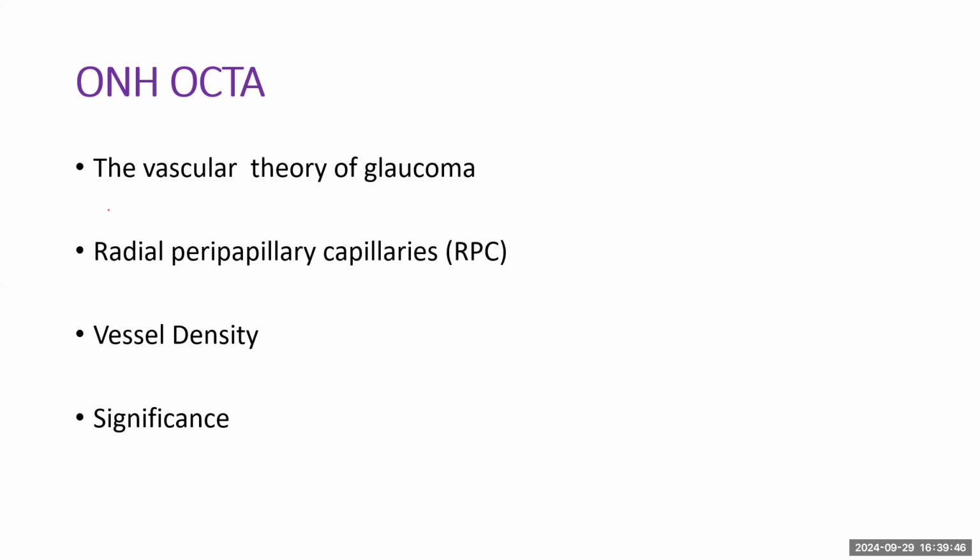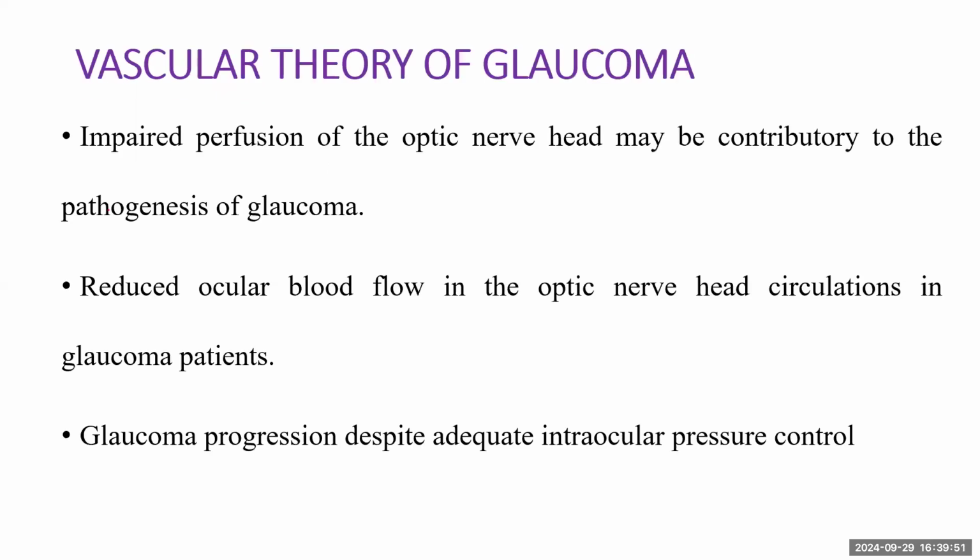Then vessel density, I will explain, and then the significance of all this. Now, part of the vascular theory of glaucoma is that impaired perfusion is contributory, and reduced ocular blood flow has been noted in the optic nerve bed of several glaucoma patients. And this comes into play, especially from different tests and studies, in that some patients, despite adequate intraocular pressure control, still have progression of the glaucoma.